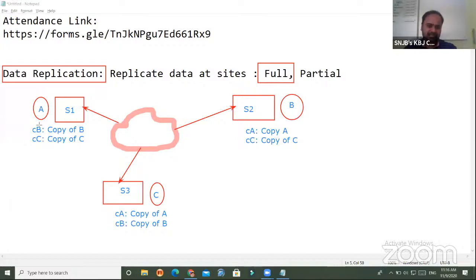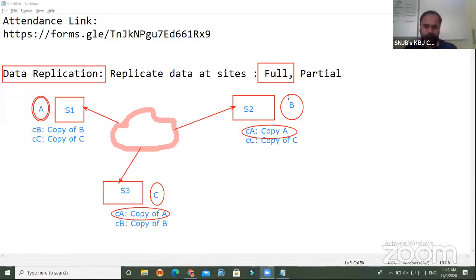In this example, the copy of A is available at site 3. Let me use a different symbol so that it will be clear. See that a copy of A will be available here, as well as here. The original copy is here, and its copies are available here as well as here.